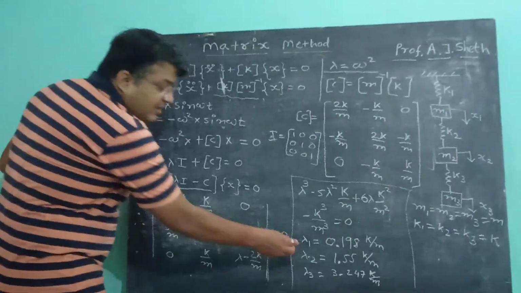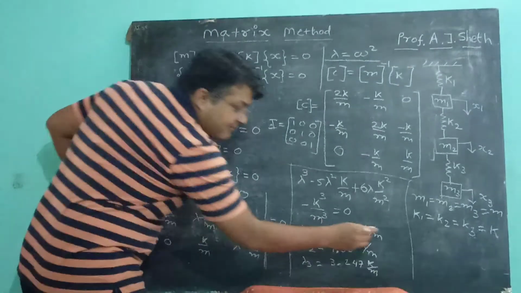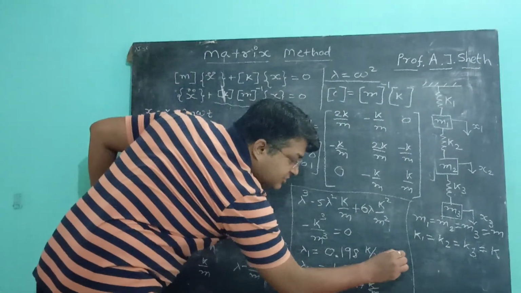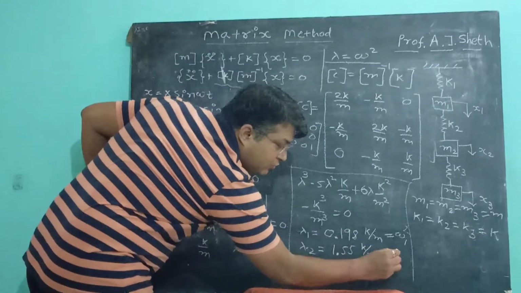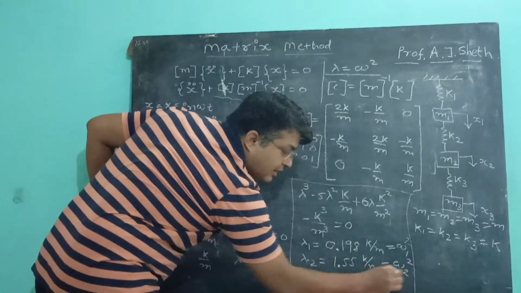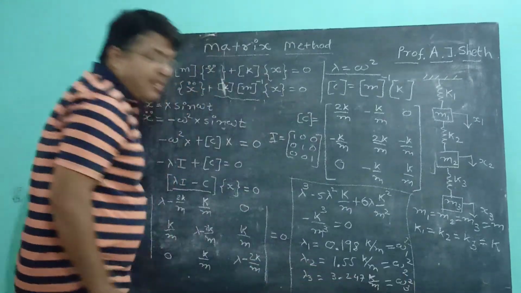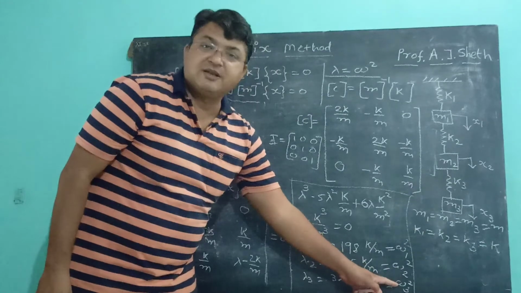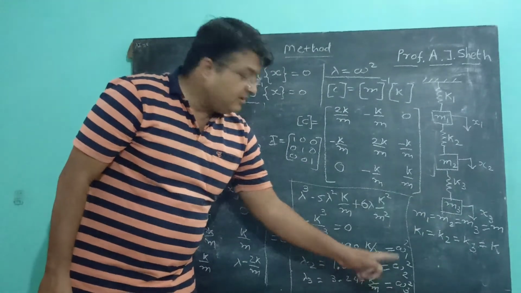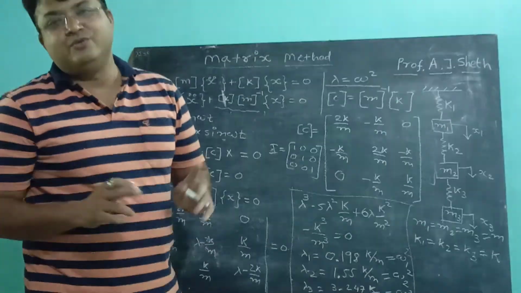Now lambda is omega square, so lambda 1 is omega 1 square, this is omega 2 square, and this is omega 3 square. That means we are having three frequencies, and these are called eigenvalues.